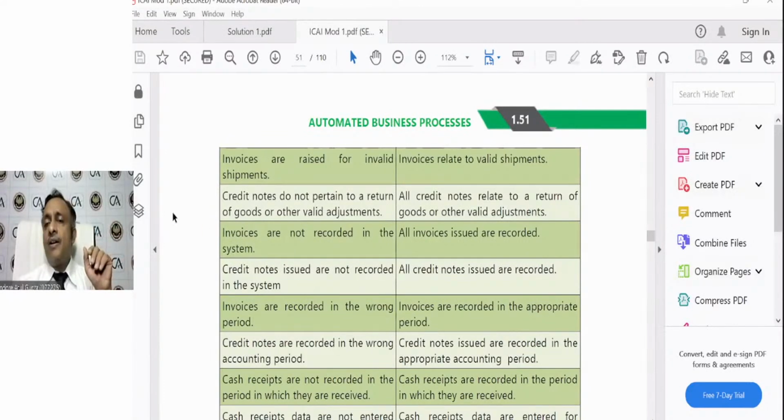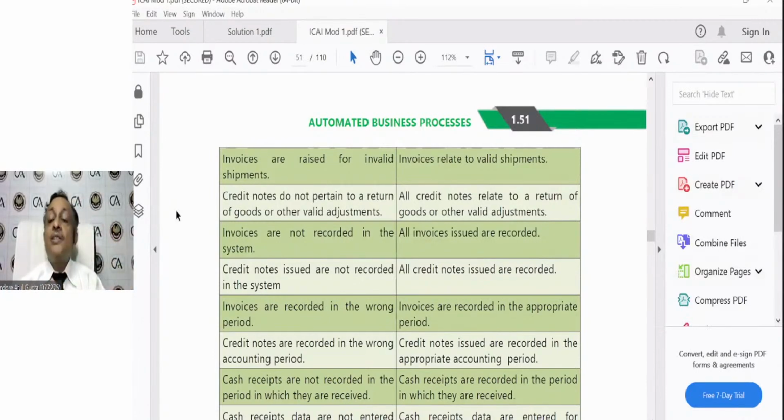Invoices are not recorded in system. Please understand, today the way systems are, this is a virtual impossibility, but still take it as it is. There is a chance that someone is using a system where a physical invoice is made, which has to be recorded in the system. Sometimes it happens, even at a different period of time, like I have an integrated system, but my sales location is at a different place.